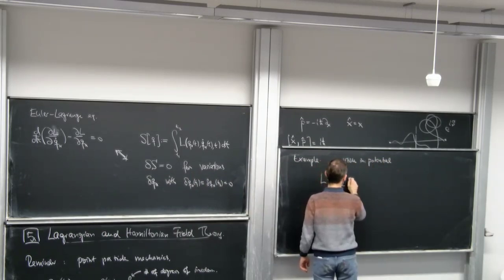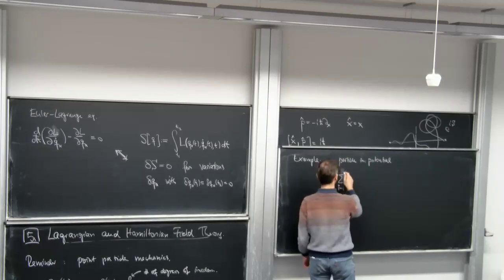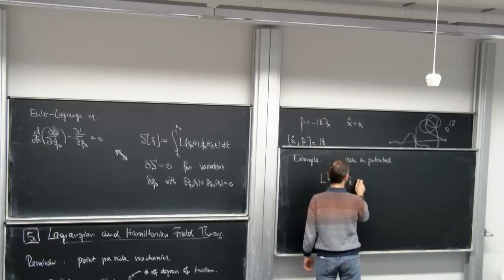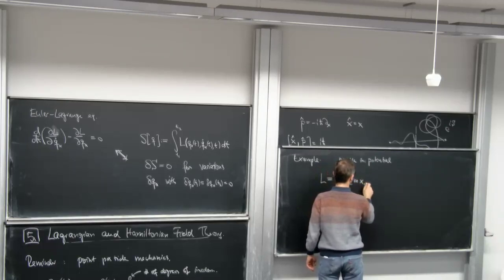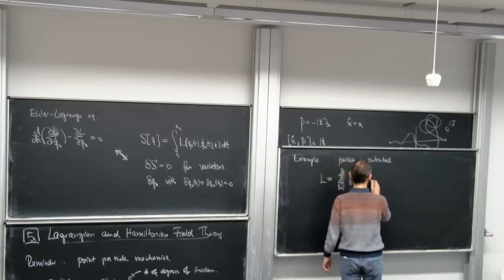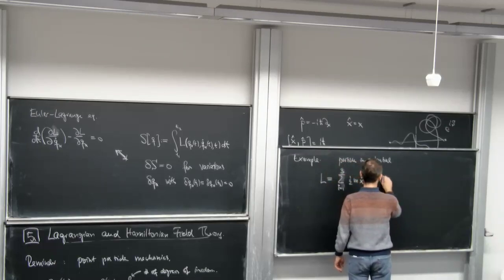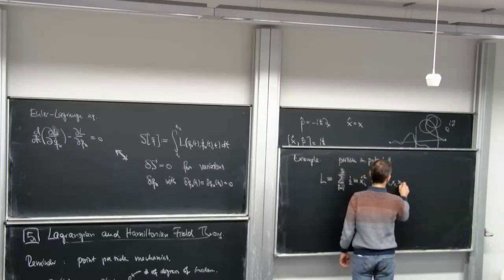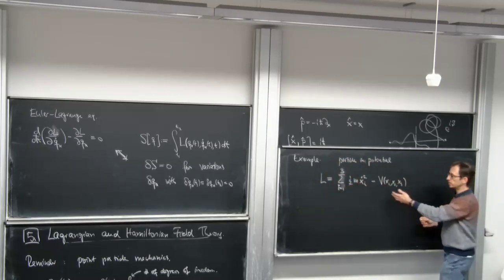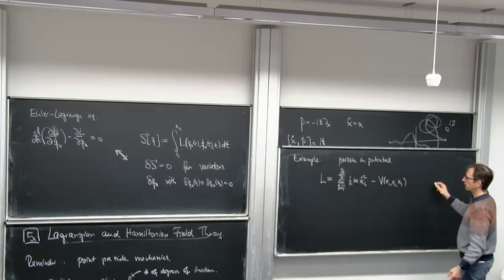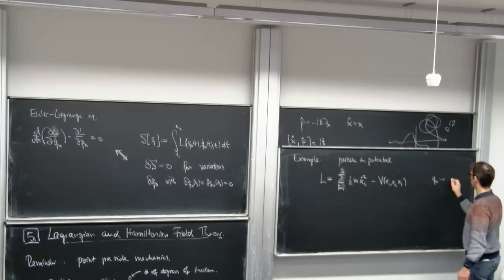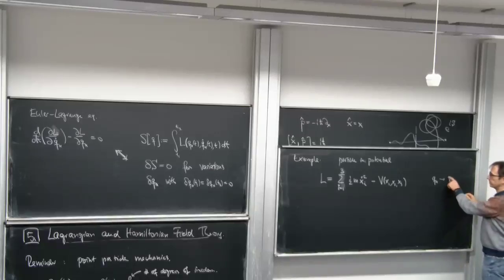Kinetic energy, a half, sum, 1/2 m x_i dot squared, minus the potential V of x. So this is kinetic minus potential energy. It has 3 degrees of freedom. So basically, the q_alpha in this case is x_i. My variables are now x_i, where i is 1, 2, 3.